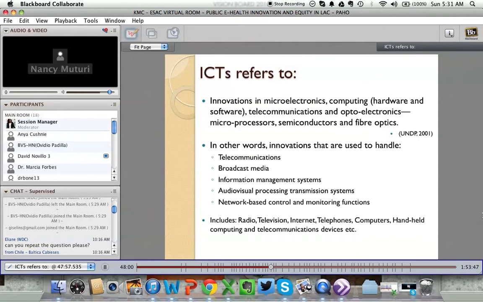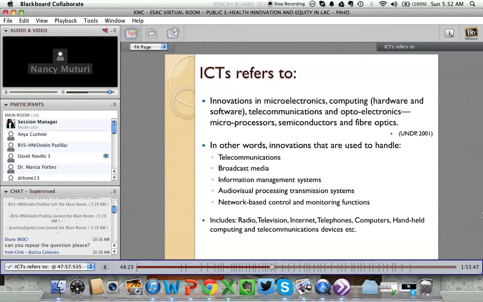So when we talk about ICTs, there are many kinds of gadgets and devices that are being used in terms of communication technologies. I use one of the definitions of UNDP. They refer to ICTs as innovations in microelectronics computing.